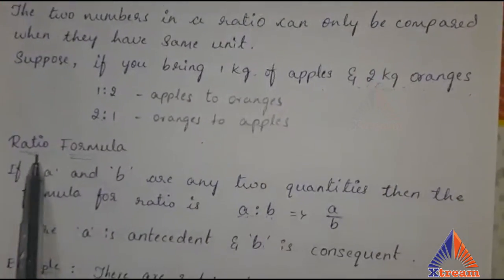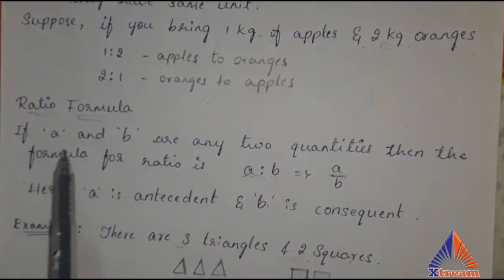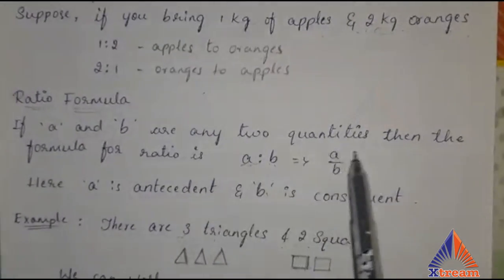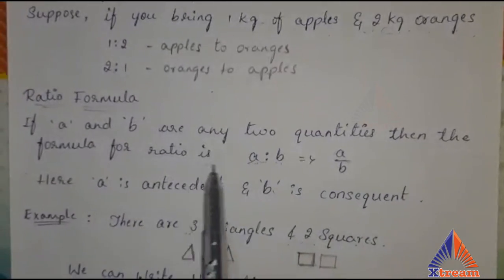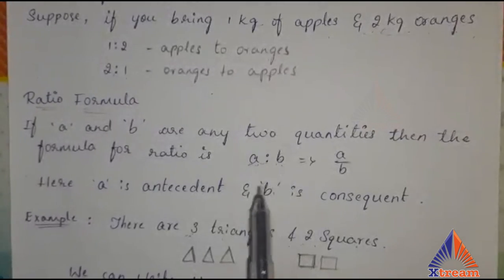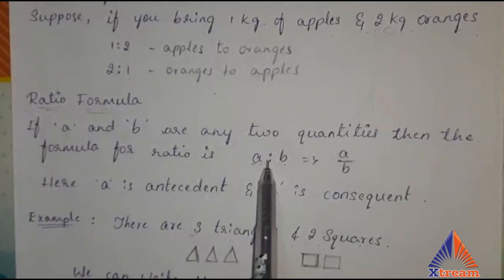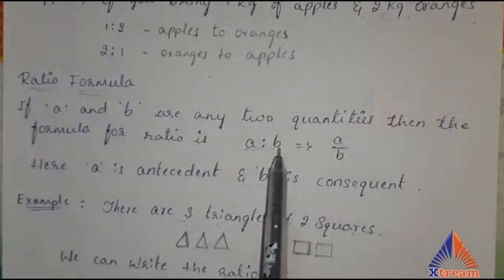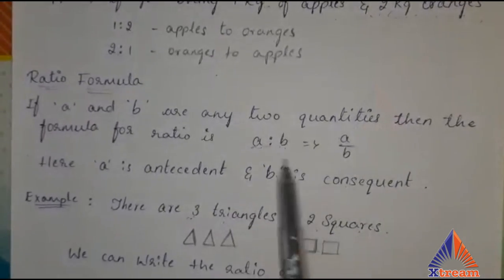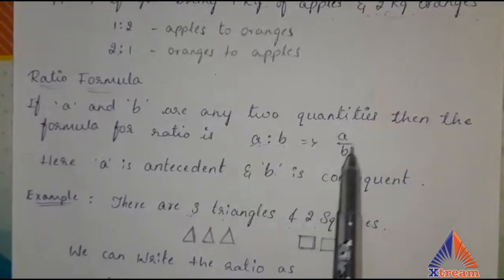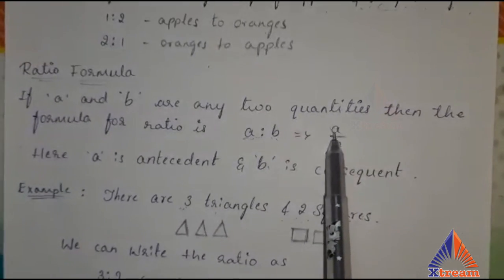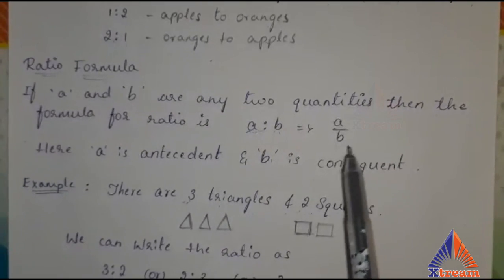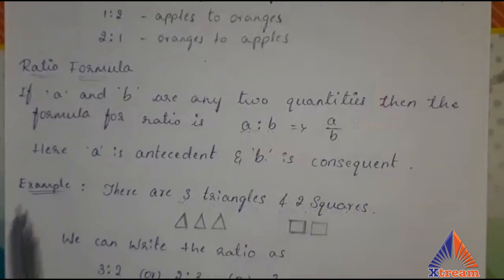And now coming to the ratio formula. If A and B are any two quantities, then the formula for ratio is A:B. So as I said, we have to insert the colon in between the two quantities, that is A and B. And to simplify this ratio, we should further convert it into fractional form and do the cancellation.